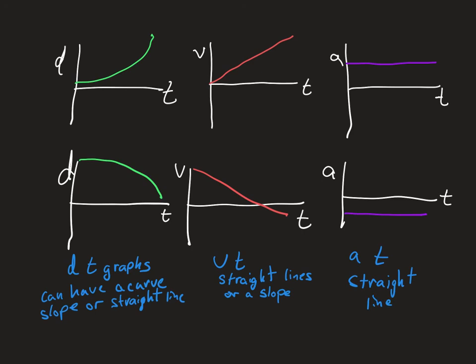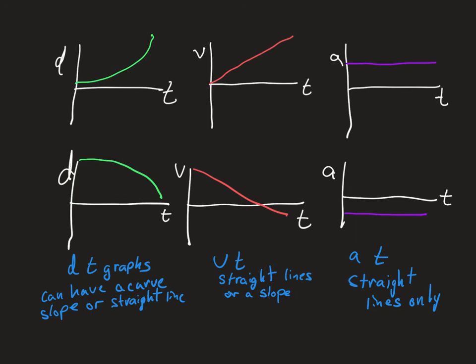A lot of this depends on what each one is doing. If the distance time graph has a curve, the velocity can have a slope. The acceleration will have a straight line. Where on the scale it will be, positive or negative, will depend upon the velocity time graph. If the distance time graph has a slope, the velocity time graph will have a straight line, and therefore the acceleration time graph will also have a straight line.